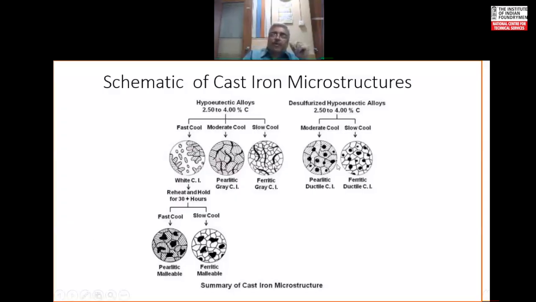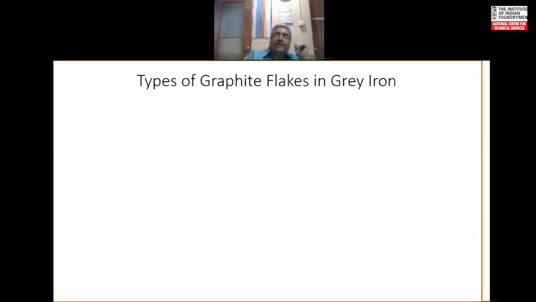When you are doing moderate cooling and the carbon equivalent is slightly on the lower side, you will get a pearlitic matrix. While if you do slow cooling, you will get ferritic ductile iron. Generally, ferritic will have higher ductility, higher elongation compared to pearlitic, but strength-wise it will be a shade lower. More about ductile iron at a later date.